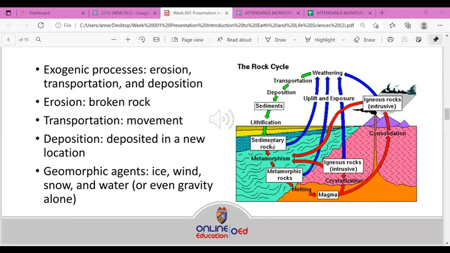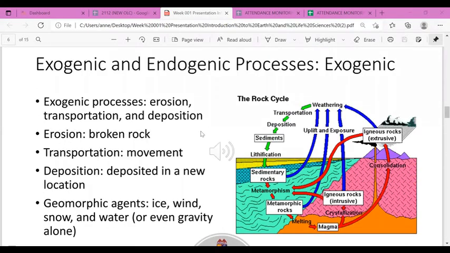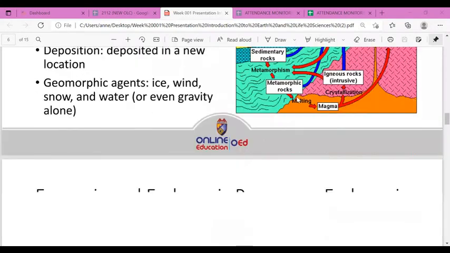With that, the sedimentary rock will be deposited, and then metamorphism occurs. When there is metamorphism, the metamorphic rock follows. Of course, when the magma cools, after it melts, it will crystallize or become an extrusive igneous rock. So that is the exogenic process.